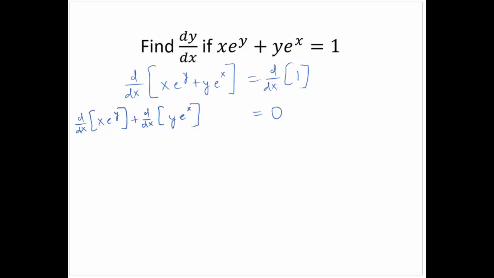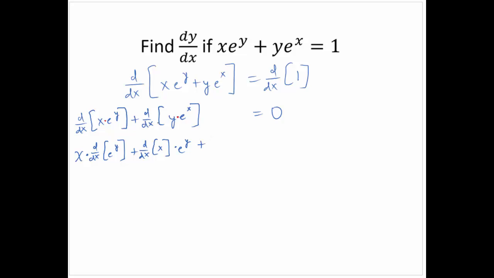Now, each of these is a product, right? I have x e to the y and y e to the x. Each of those is a product, so I'm going to use the product rule. All right, so d by dx of x e to the y. Well, that would be x times d by dx of e to the y plus d by dx of x times e to the y.